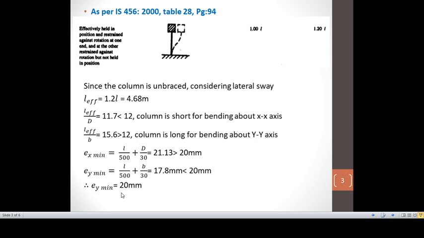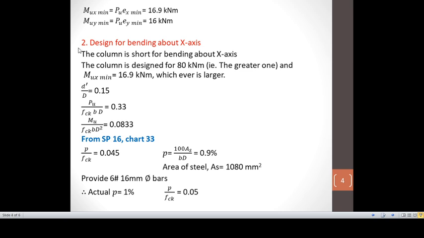Corresponding to this eccentricity we obtain a moment, calculated as Mux minimum and Muy minimum. Mux minimum is equal to Pu into Ex minimum, and Muy minimum is equal to Pu into Ey minimum, which are obtained as 16.9 kilonewton meter and 16 kilonewton meter respectively.